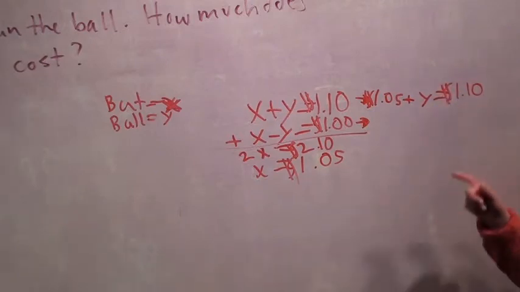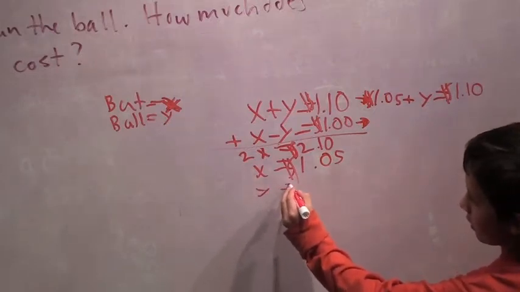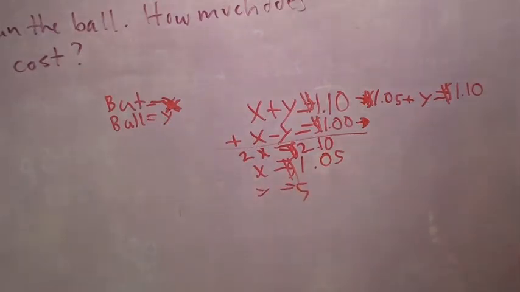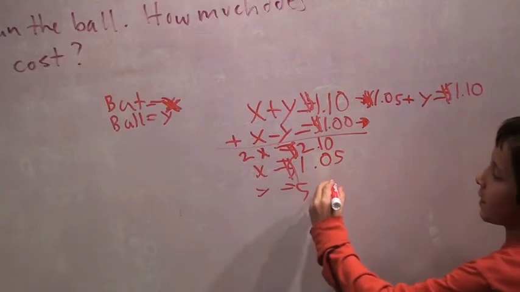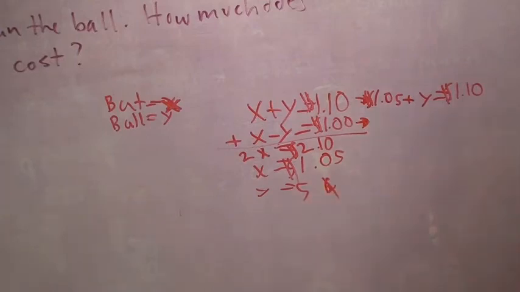That equation says y equals 5, because 105 plus 5. Y equals 5 cents. 5 cents, okay. So how much does the ball cost?